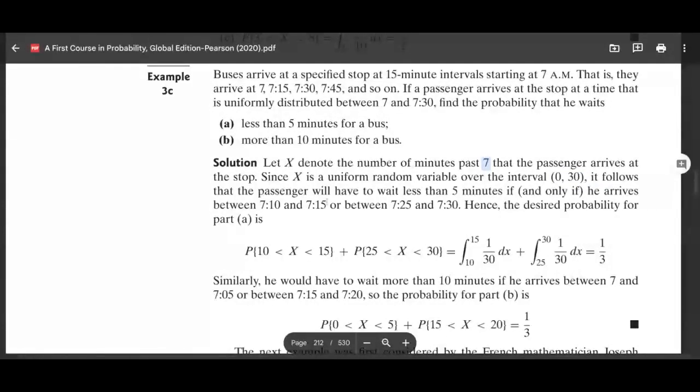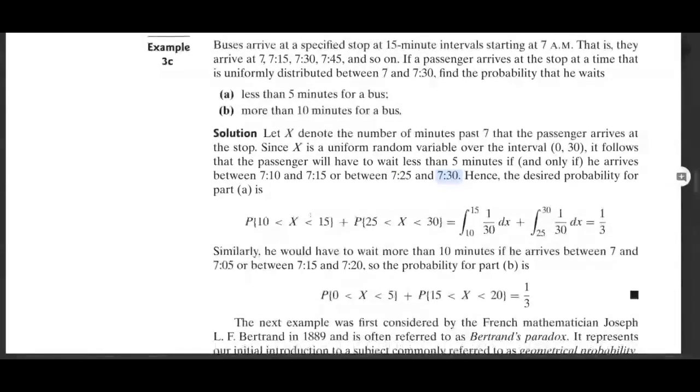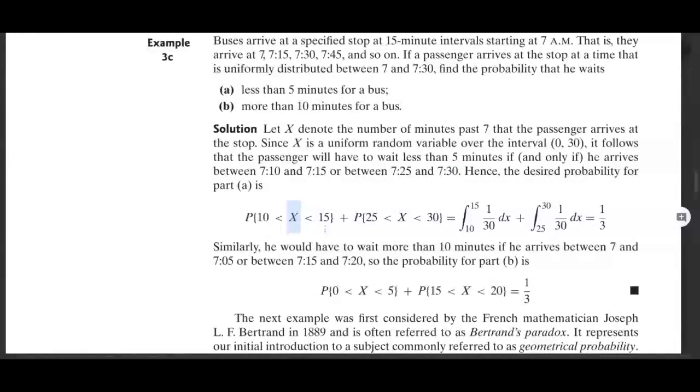It follows that the passenger will have to wait less than 5 minutes if and only if he arrives between 7:10 and 7:15, or 7:25 and 7:30. So the desired probability is X in between 10 and 15 plus X in between 25 and 30.